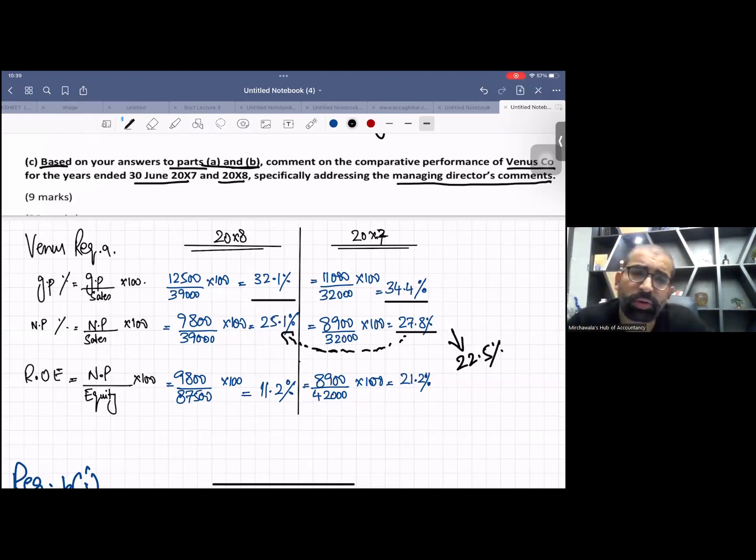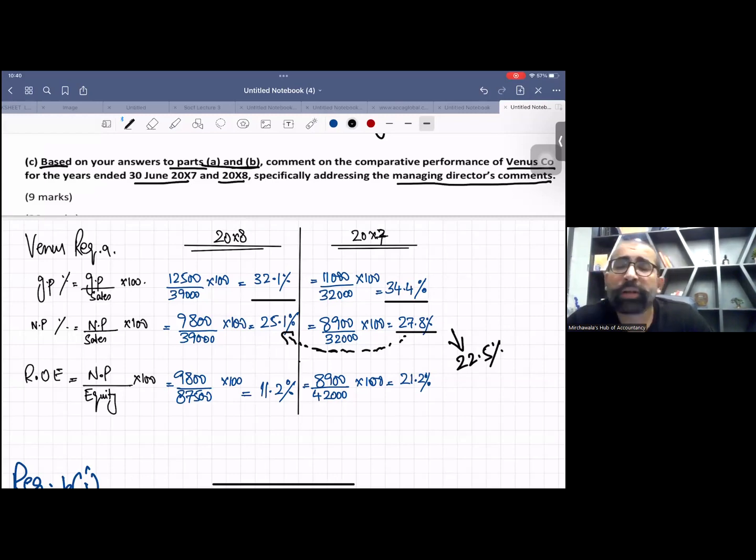So the GP percentage also went down. Now this GP percentage has nothing to do with intercompany transactions. The second year GP percentage has nothing to do with intercompany transactions, because in the consolidated books we cancel the intercompany transactions.